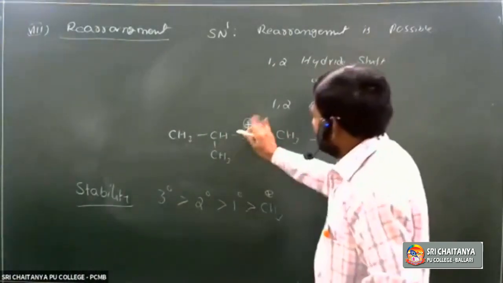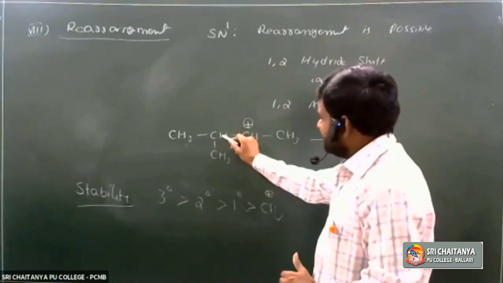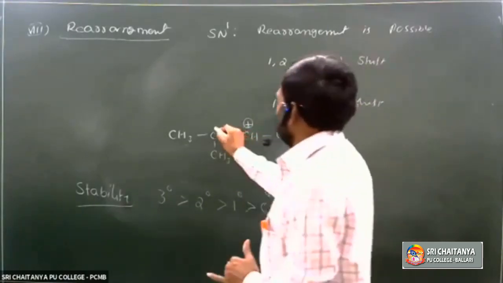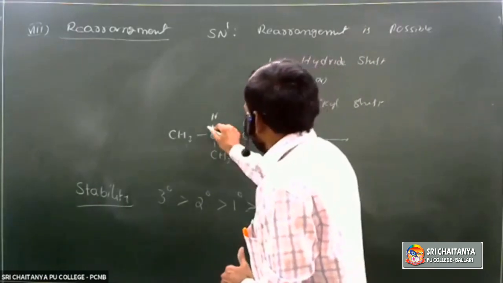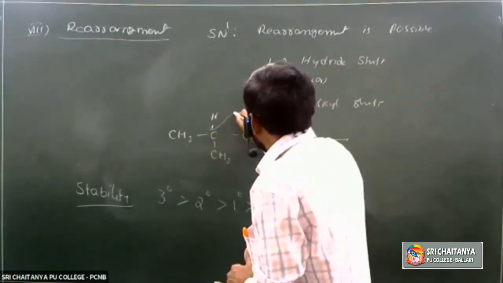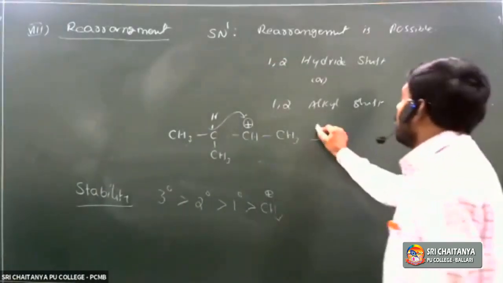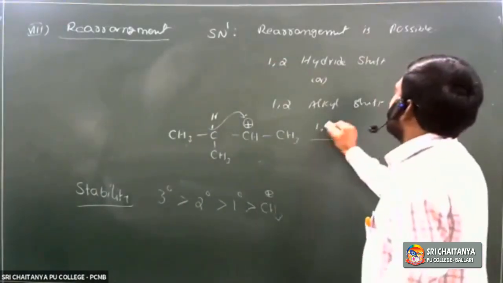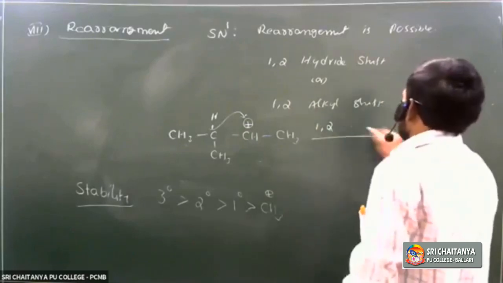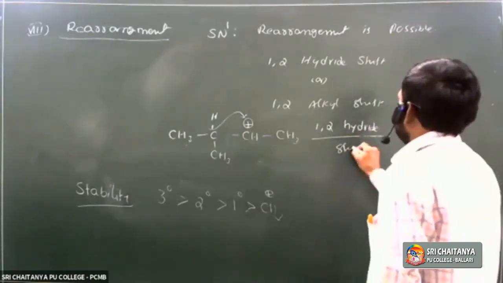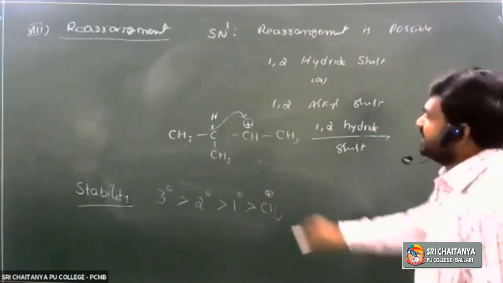Here this hydrogen takes one pair of electrons and is shifted to this carbon. It is called a hydride shift, specifically a 1,2 hydride shift.